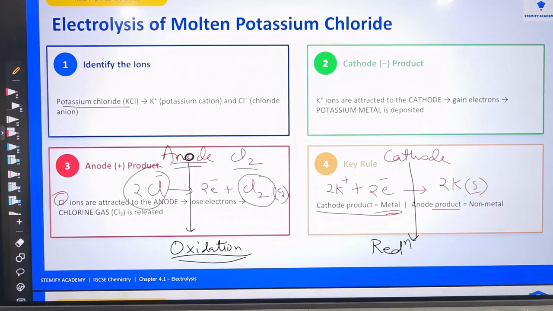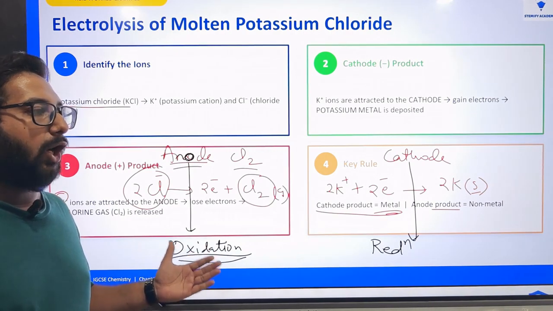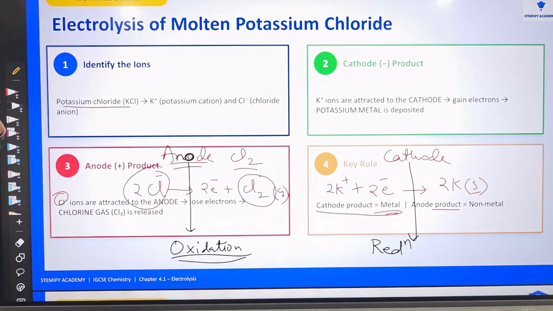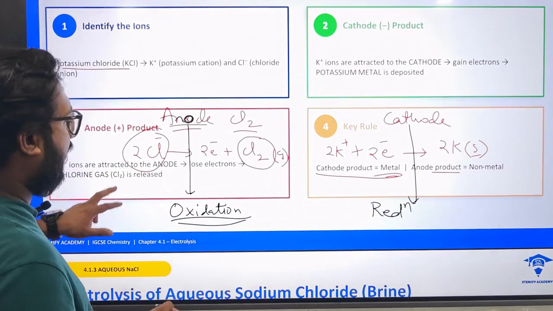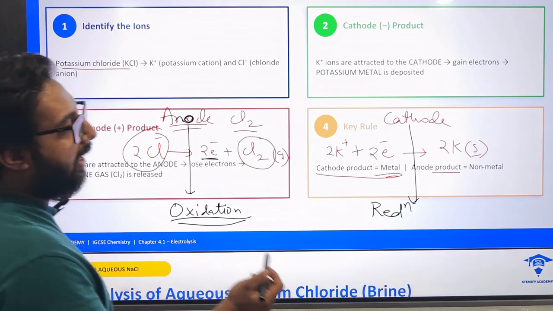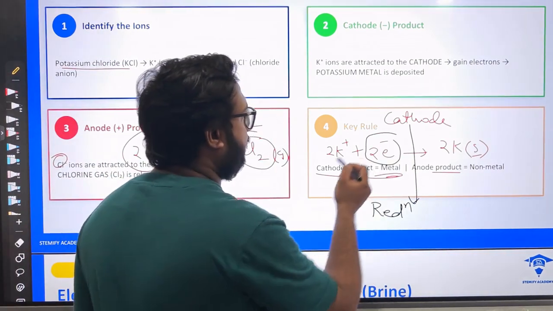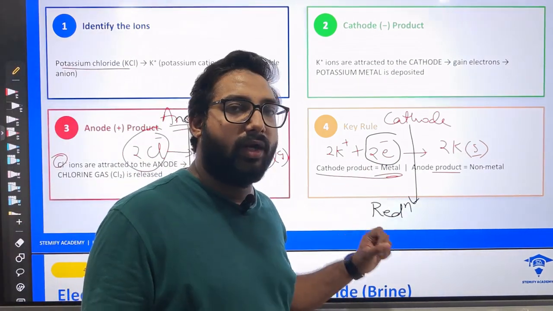I hope you are well aware of what oxidation and reduction are. At oxidation, there is loss of electrons, and at reduction, there is gain of electrons. So always at the anode, oxidation happens, and at the cathode, reduction happens.